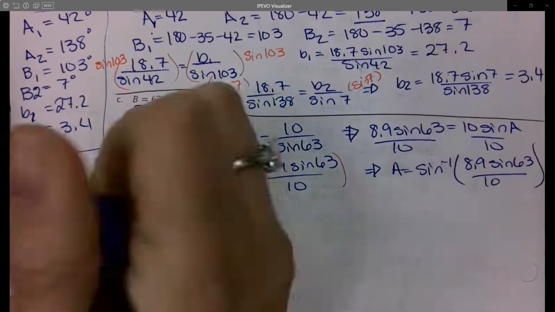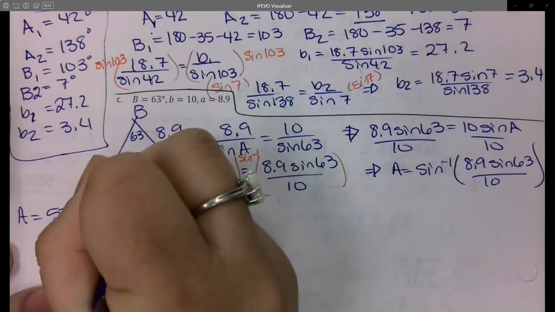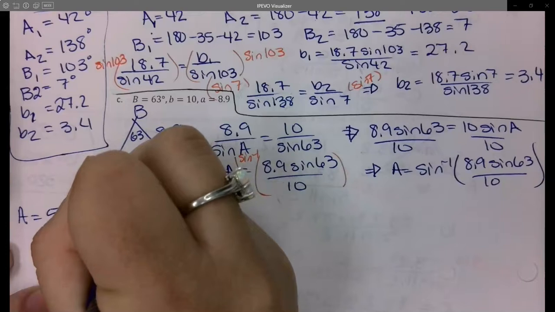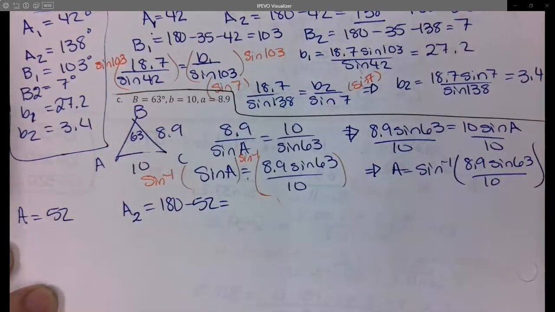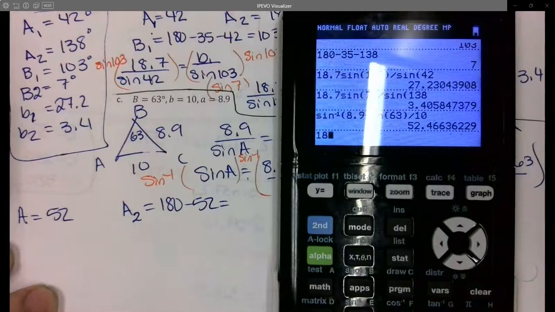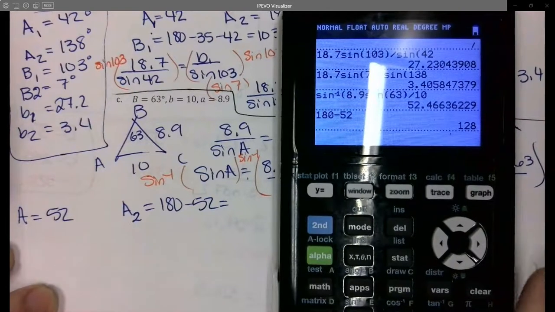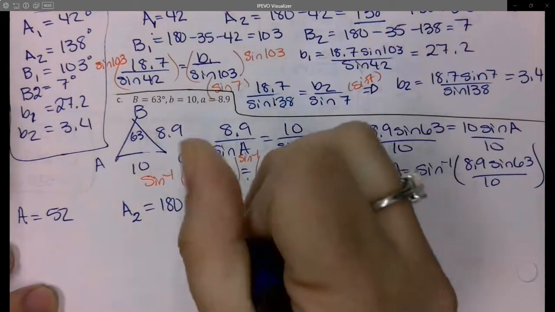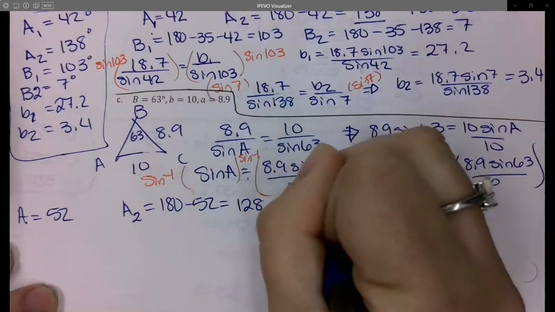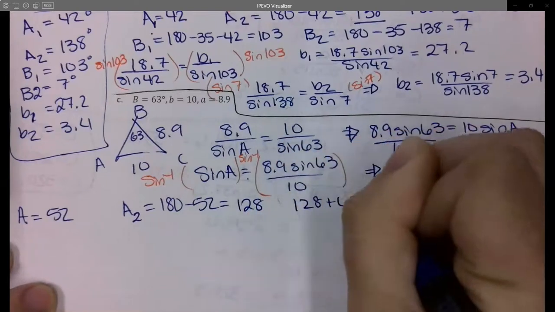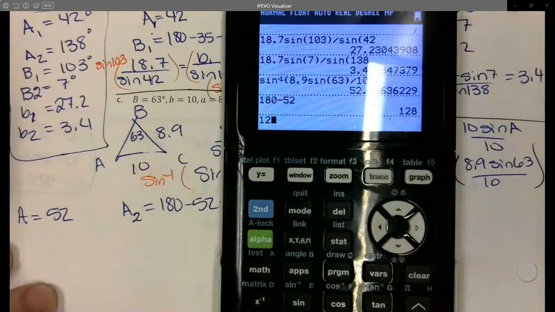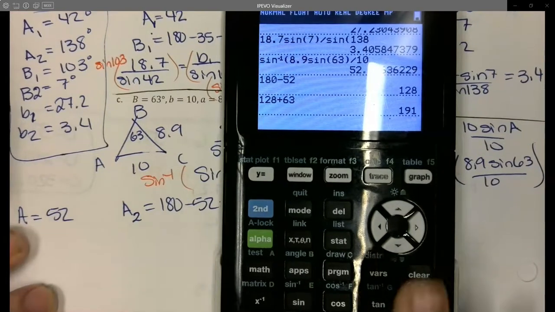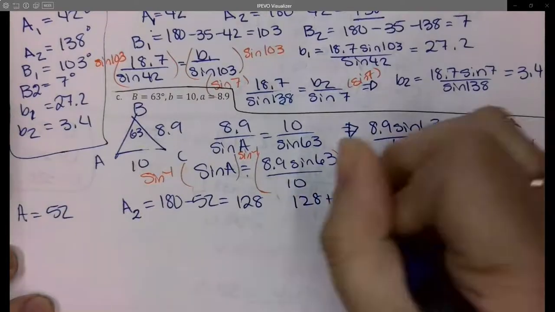And then I need to check to see if this is going to have two triangles. So I would do 180 minus 52 to find the angle measure, which gets us 128. And then I want to add 128 back to the original angle I had and see if this is less than 180. 128 plus 63, more than 180, so there is only one triangle.